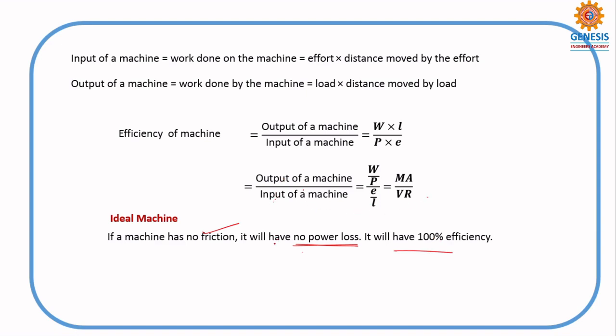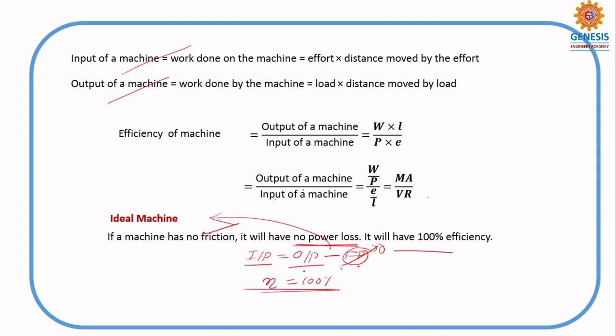So the input of the machine is equal to the output of the machine, because the frictional force is 0 in an ideal machine, so you are getting 100% efficiency.